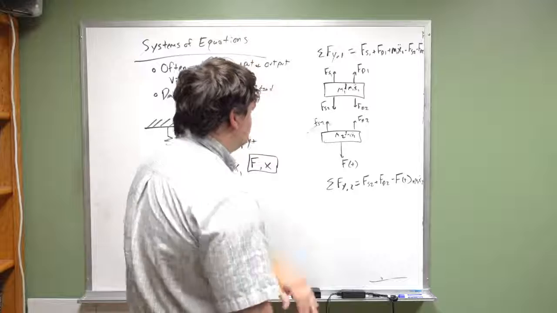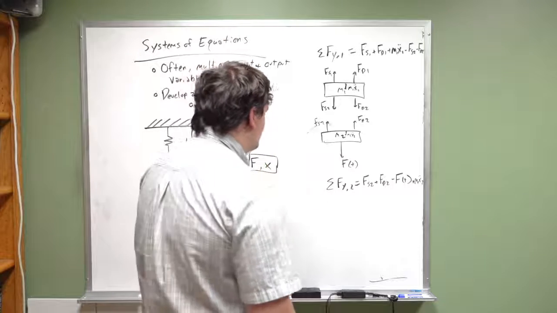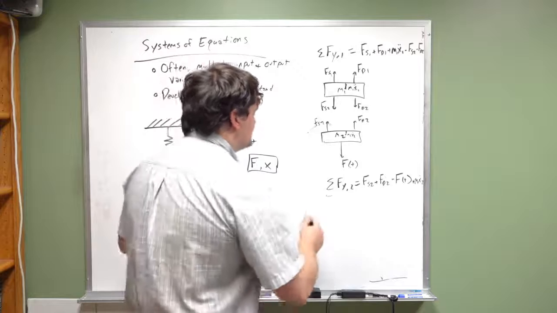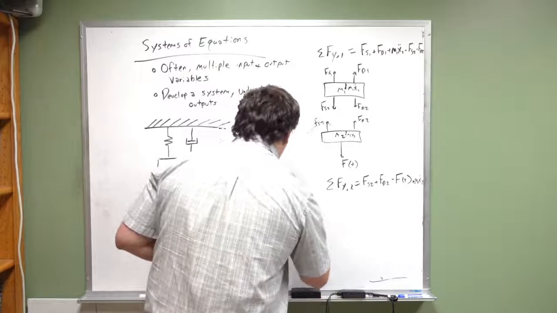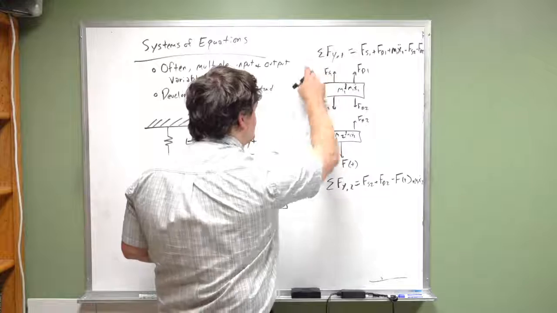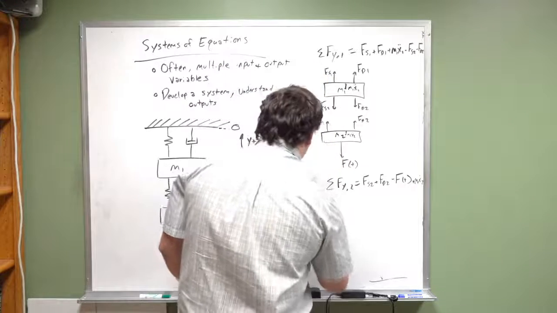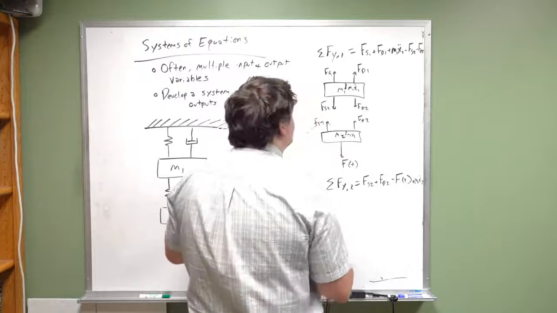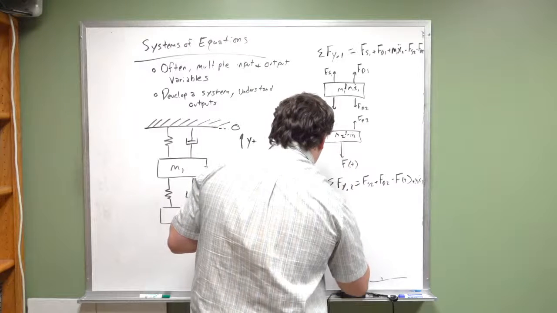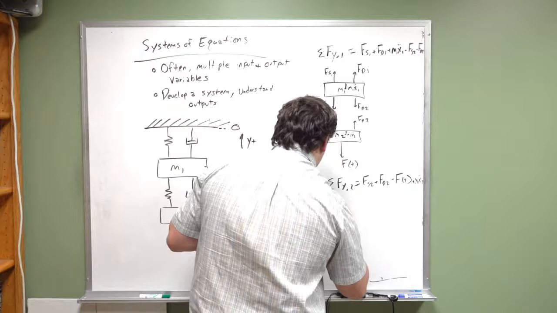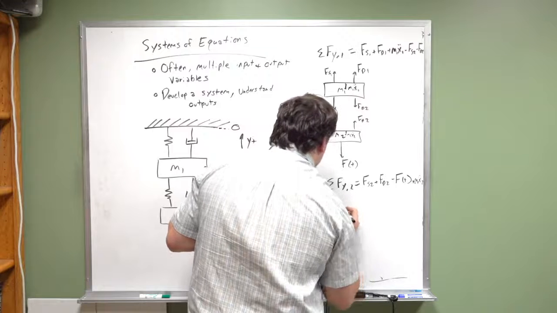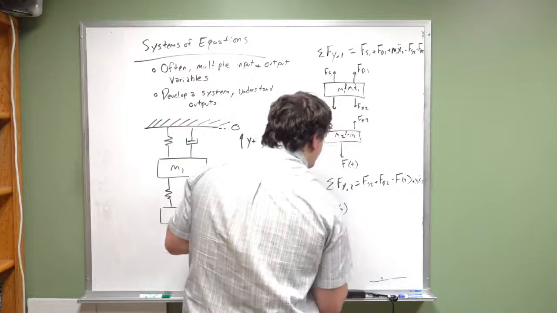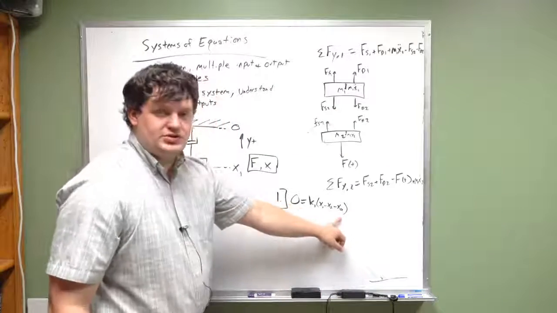Okay, so here are our two constitutive equations. They're horribly interlinked. So I'm going to write this equation: 0 is equal to K1 times (x1 minus x2 minus x01), because x01 is the original spring length.